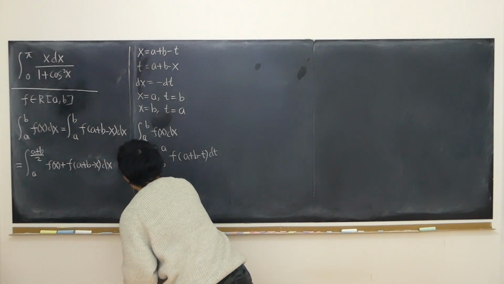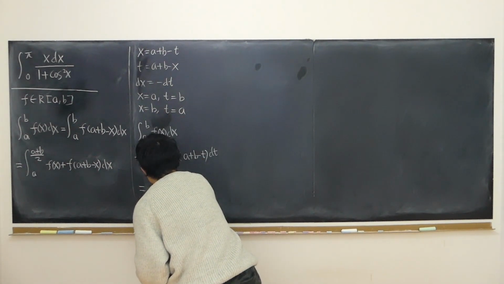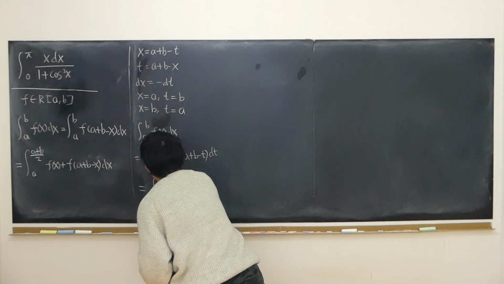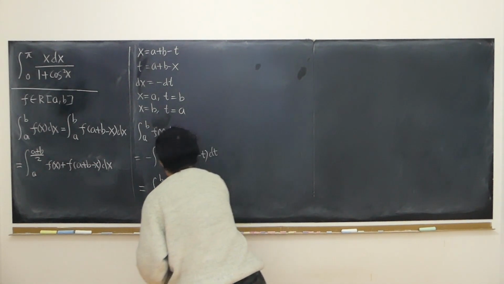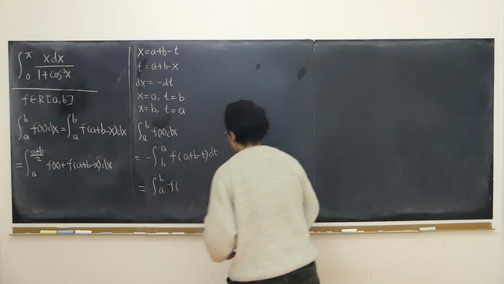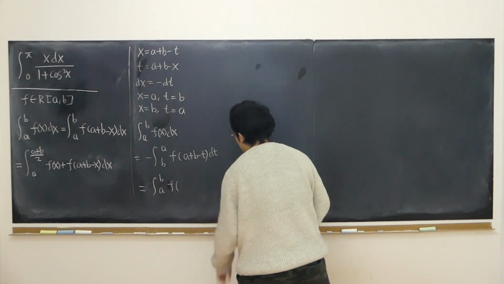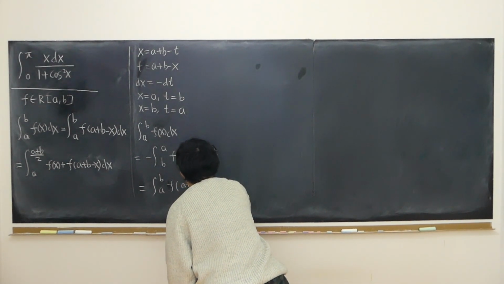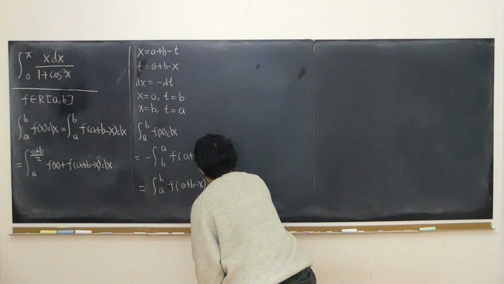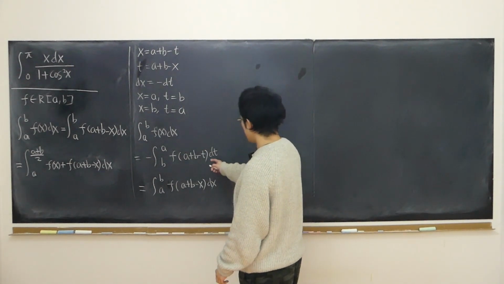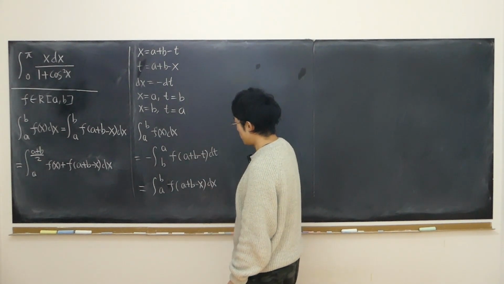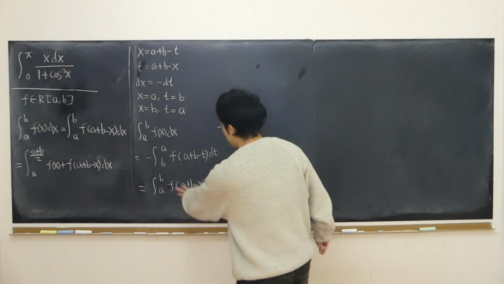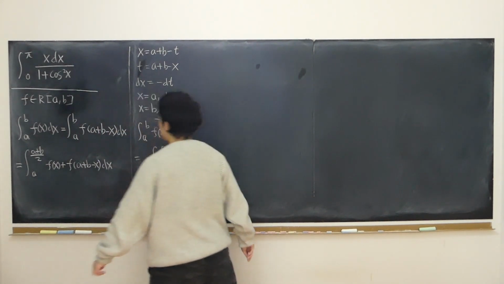Now, therefore, I can simply switch the boundaries and get rid of the minus sign. So from a to b of f of, now I'm going to change the t's into x's, f of a plus b minus x dx. As long as we have consistent variable, then we're safe. It's perfectly legal. Now, so that proves this identity.